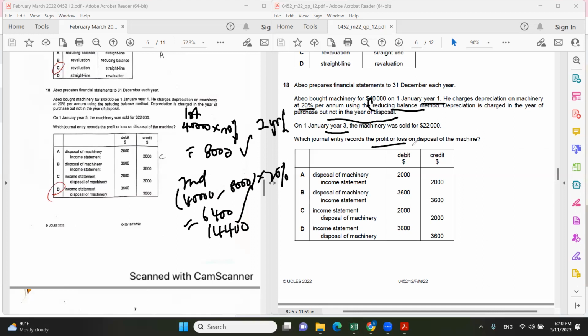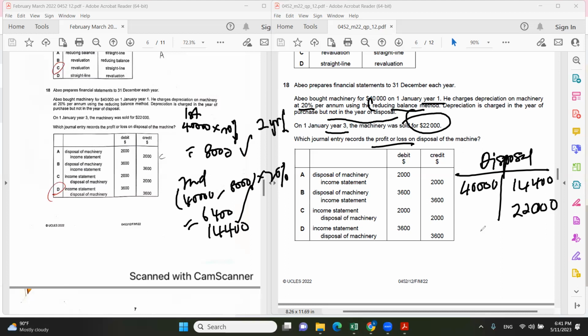Now I want to calculate profit or loss. I use a disposal account. The cost is 40,000, so I put in here cost 40,000. Accumulated depreciation, which is these 2 years, because in the third year they dispose, no depreciation is counted. So here 14,400. And then we get the money 22,000. This is a receipt amount. And now this total is 36,400.